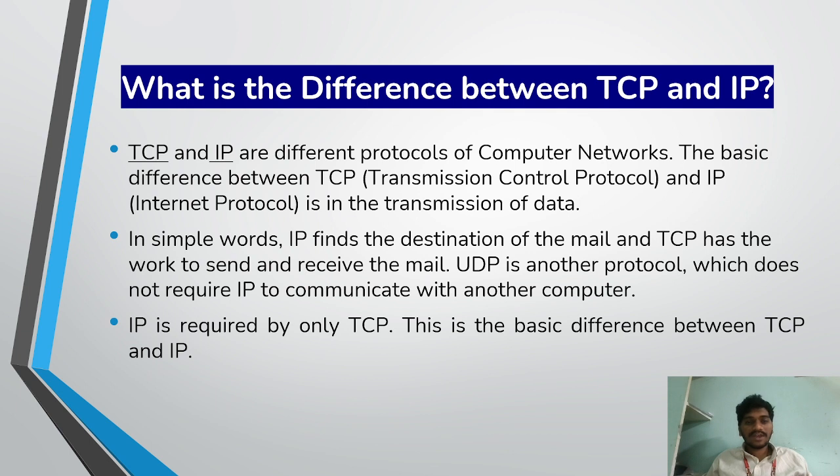In simple words, IP finds the destination of the mail, and TCP sends and receives the mail. UDP is another protocol which does not require IP to communicate with another computer. IP is required only by TCP.